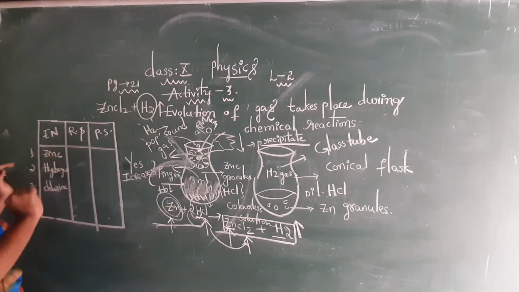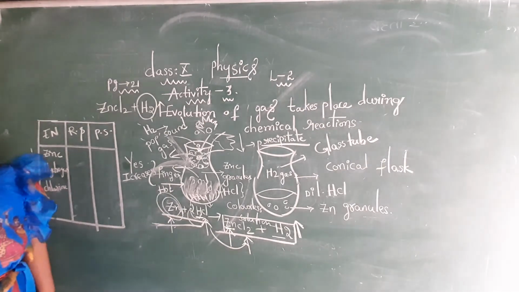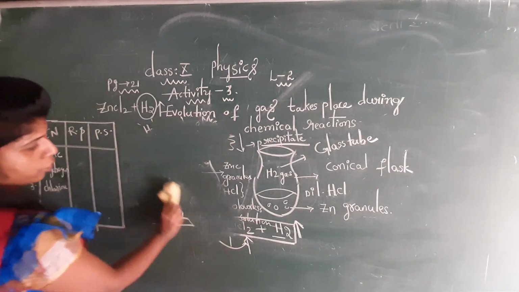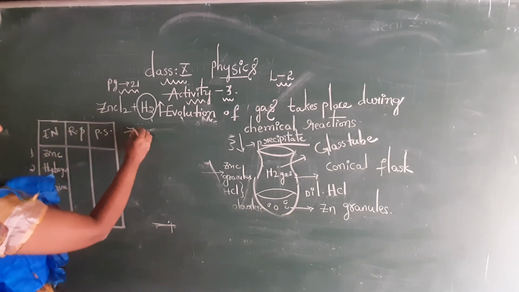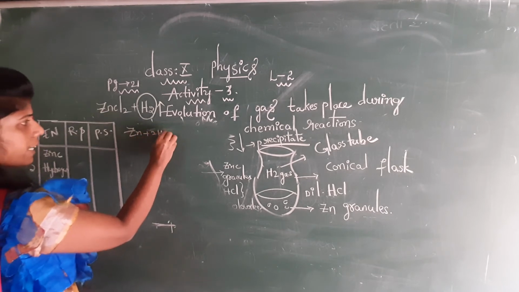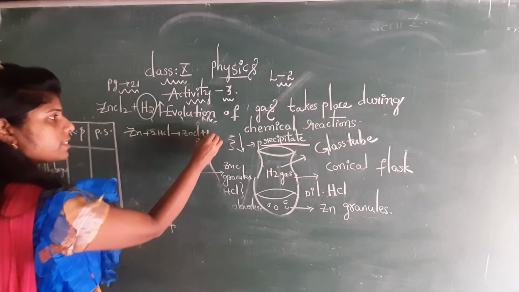This is completed. Now check the reactant coefficients. Zinc plus 2 molecules of hydrochloric acid gives rise to zinc chloride plus hydrogen gas.